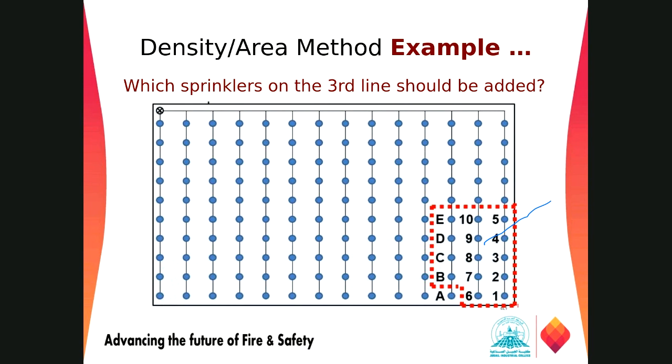We want to ensure that mainly the water reaches the remotest area first, and then this one, and then this one. If this line is filled with the areas, all those sprinklers will activate, because we are getting connection from here. This is our riser, and this is the most remote area. This is how we have to select the hydraulically most demanding design area.